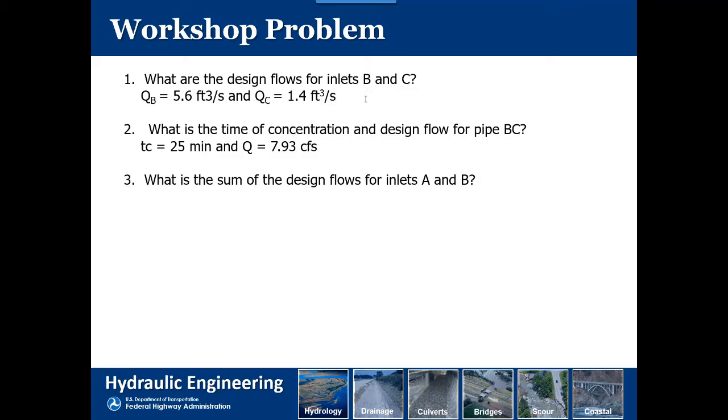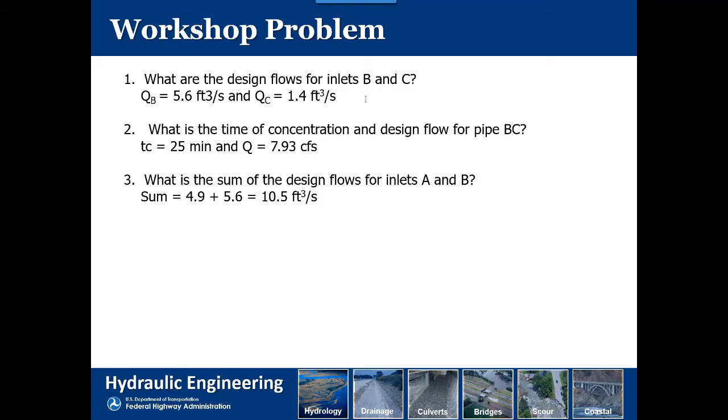You just add them together. You might have had 4.5, but it should probably be 10.1 because we had the wrong intensity for inlet A.